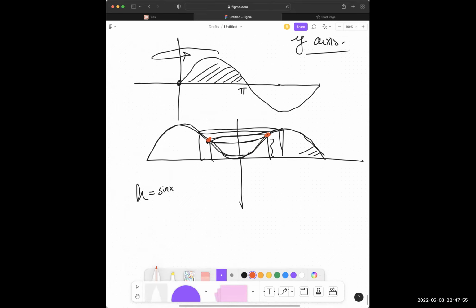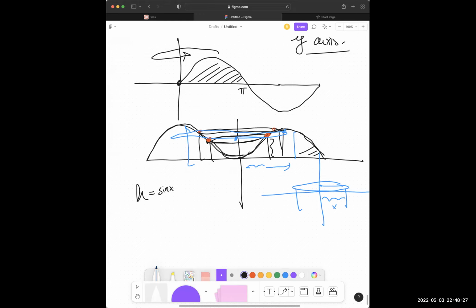And so, for each shell, the height is just whatever sine of x is. What about the radius for each of these shells? Well, the radius originates from here and you go here. That's just the vertical distance, right? If I had a shell here, going from here to here, and I had a number line that could tell me this distance, that is governed by x.